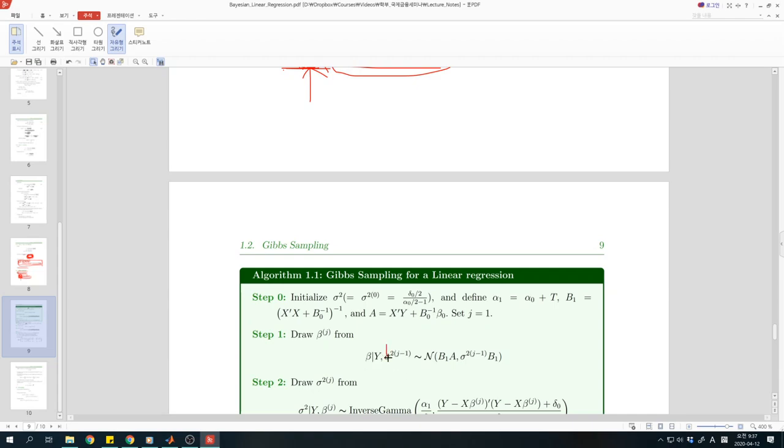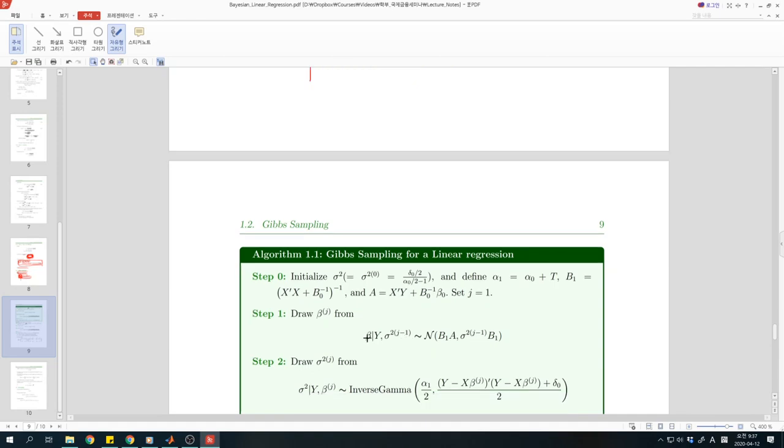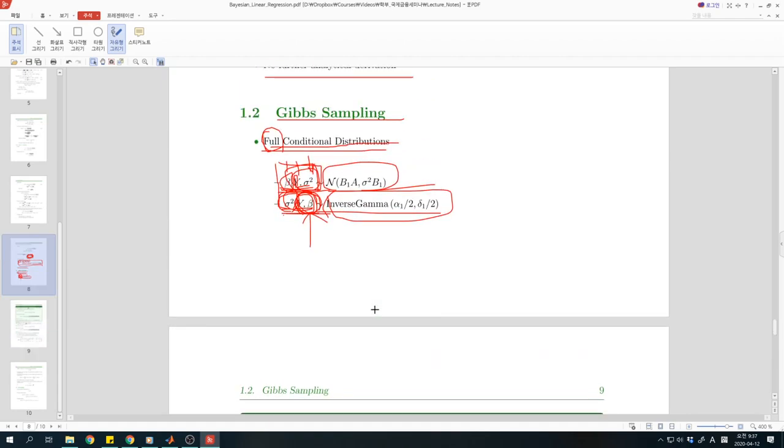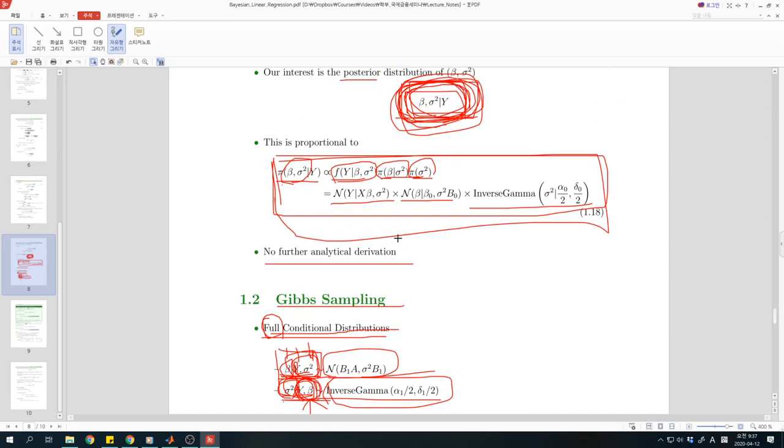Because if this term is not given, then this is beta's posterior distribution. But if sigma square is given, then this is the full conditional distribution. So we sample beta and sigma square from their full conditional distributions. But if we save the draws from the full conditional distributions, then theoretically they should be draws from this posterior distribution.